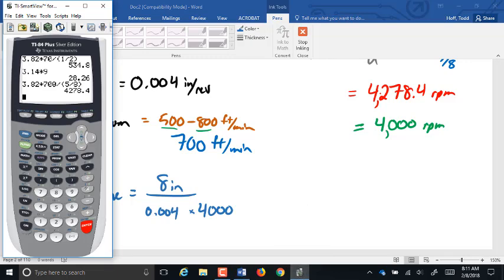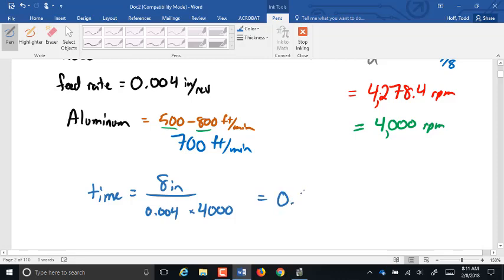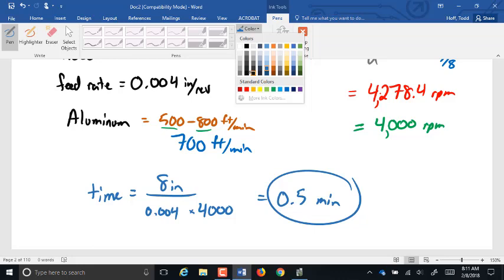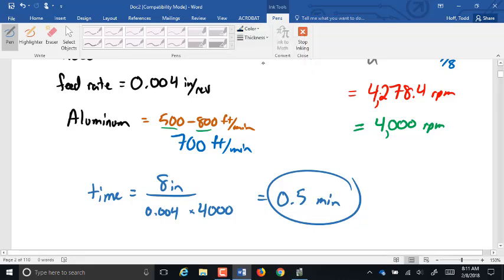So we're going to punch this in the calculator. It's going to be 8 divided by, now there's more than one number on the bottom of this fraction, so again, we must use parentheses, 0.004 times 4,000, and close those parentheses. It gives us 0.5. Now that is going to be in minutes. That's half a minute. So it's a 30-second cutting time.